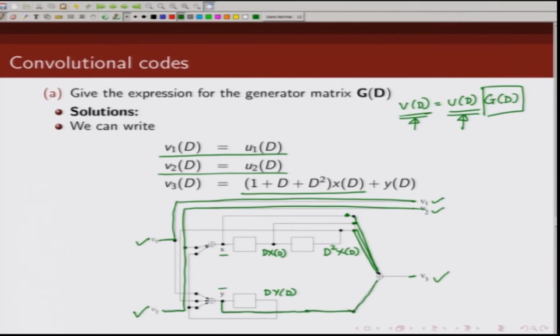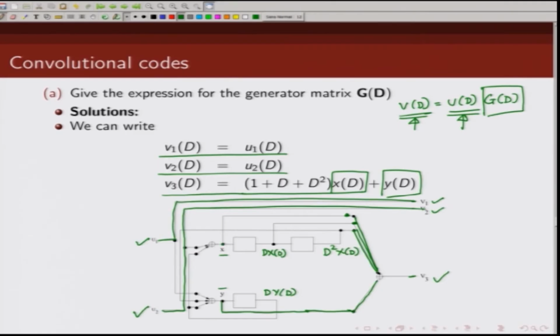This is y(D). So, we have written V1(D), V2(D), V3(D) in terms of U1, U2, x(D) and y(D). Now, we need to get rid of x(D) and y(D), and we have to write these in terms of U1 and U2.